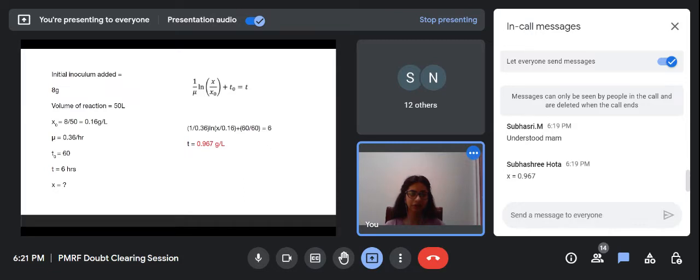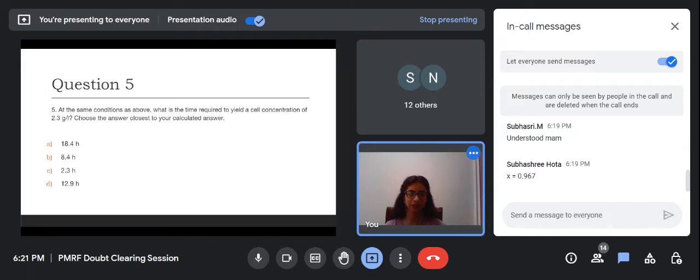So in this formula, now what you have to find is t in the new question. Do you know what the answer will be in this case? With 2.3 grams per liter concentration, what time would it require with the same initial conditions that were given in the question?